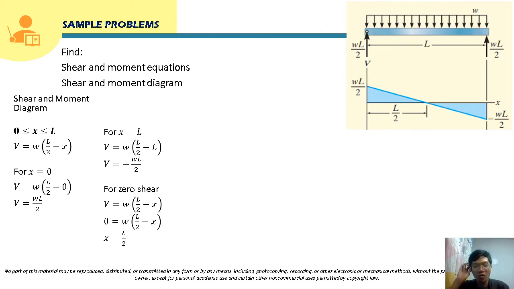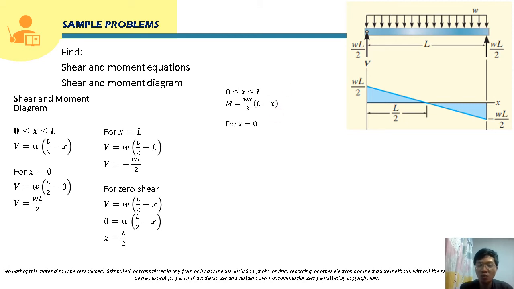So, class, we will also plot here the moment diagram. So we are going to use the equation for moment, the equation that we derived for moment. Here we are going to determine the values of moment in every distance x.